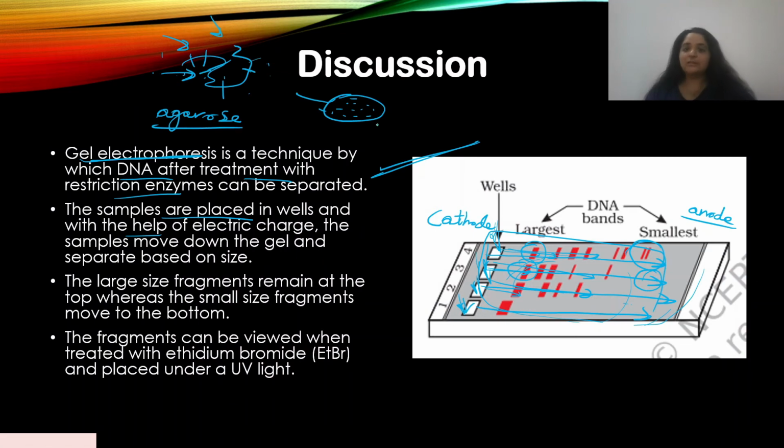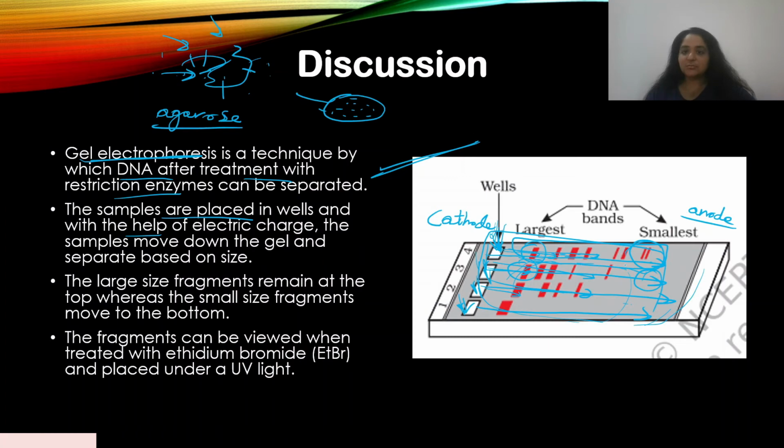To see that, we have to run a gel electrophoresis. When you enter the sample inside, the samples are divided based on their length. The largest stays on top, the smallest goes down to the bottom, and then you can view them.